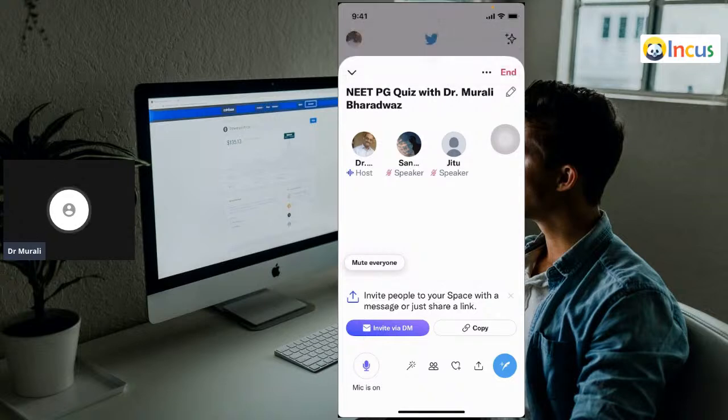Give a try of your luck. Any of you? Potassium or fluoride? Potassium, very good. And hypokalemic periodic paralysis is which channelopathy? Is it potassium, sodium, or calcium?